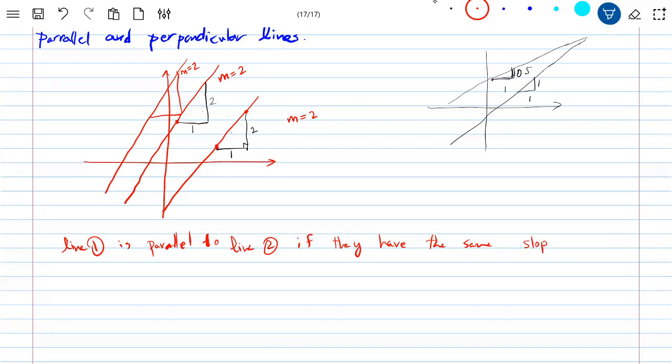Same slope. Okay. You can prove this through the triangle.